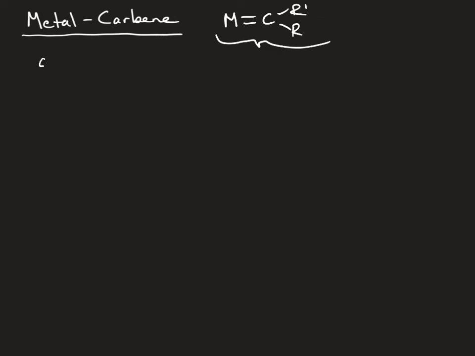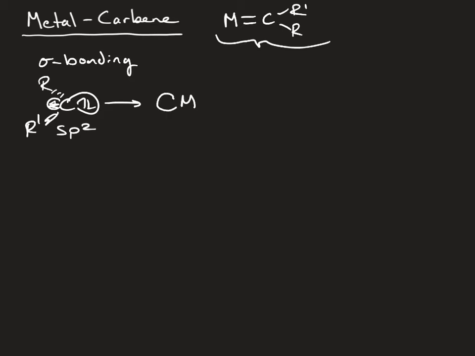One is a sigma bonding interaction, where you have your sp2 type orbital on the carbon, donating an electron pair into a metal d-type orbital in a sigma type fashion.